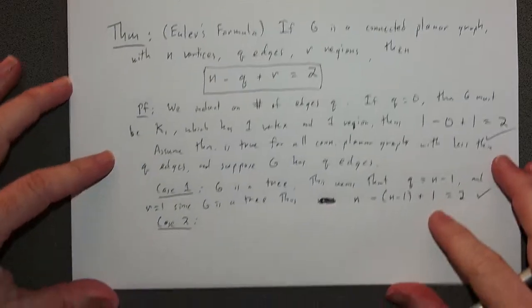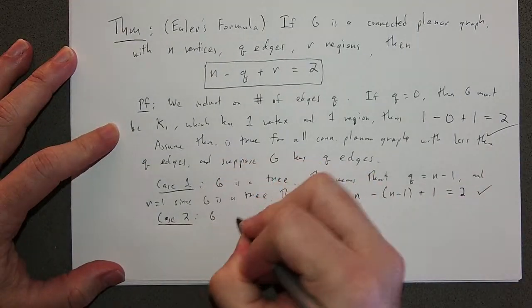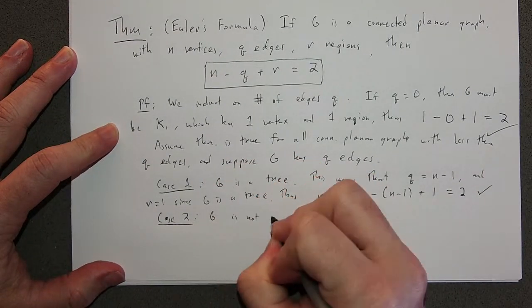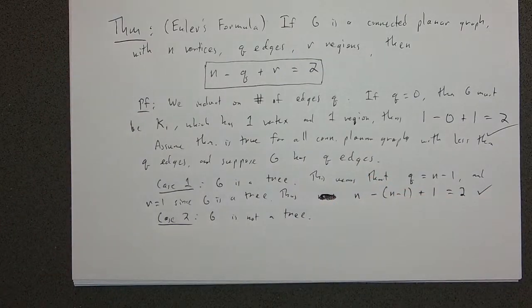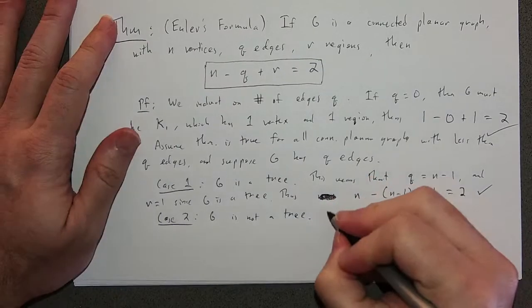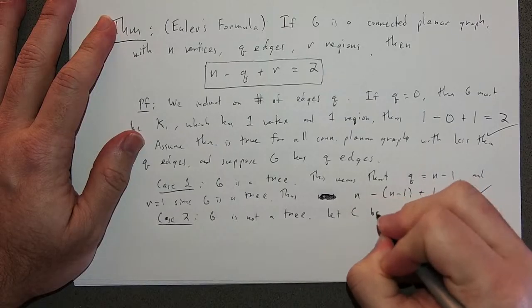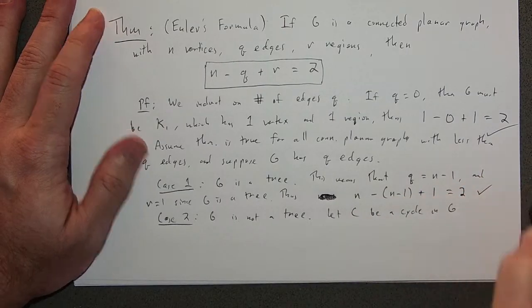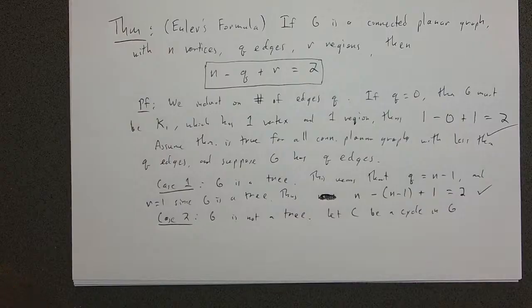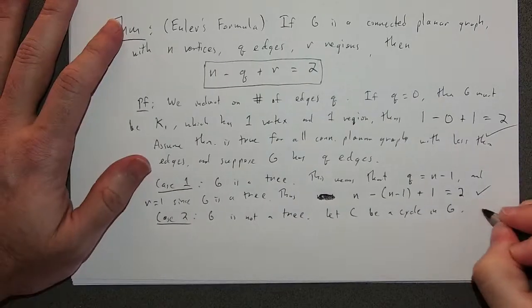Case 2, it's not a tree. Well, if it's connected, but it's not a tree, it means it has a cycle. So let C be a cycle in G, and let E be an edge of this cycle.